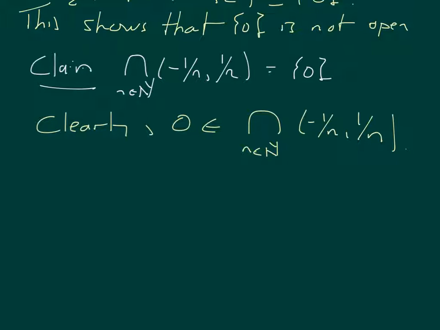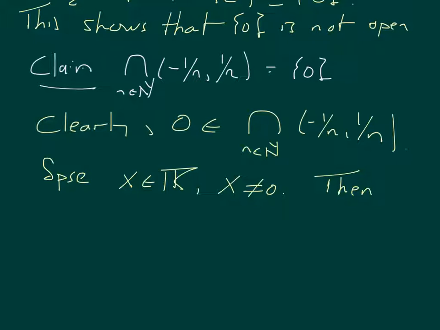We give a sort of contrapositive argument here. On the other hand, we suppose that x is a real number with x not equal to 0. We're going to show that x is not in the intersection.